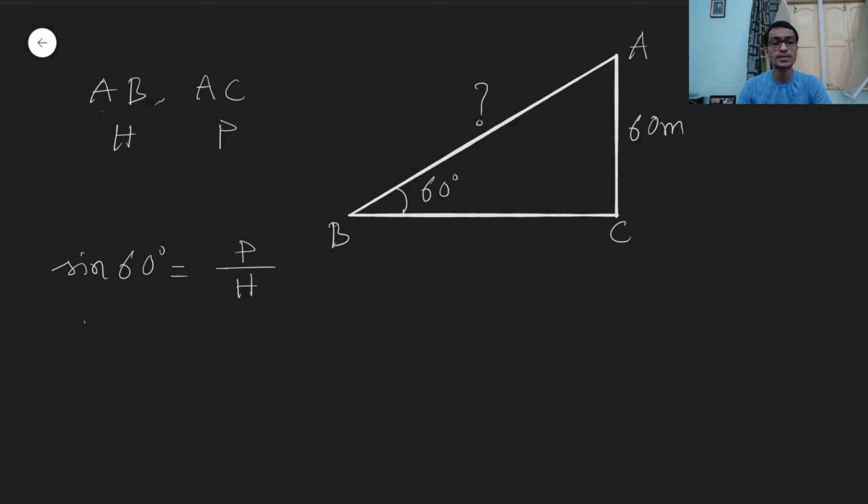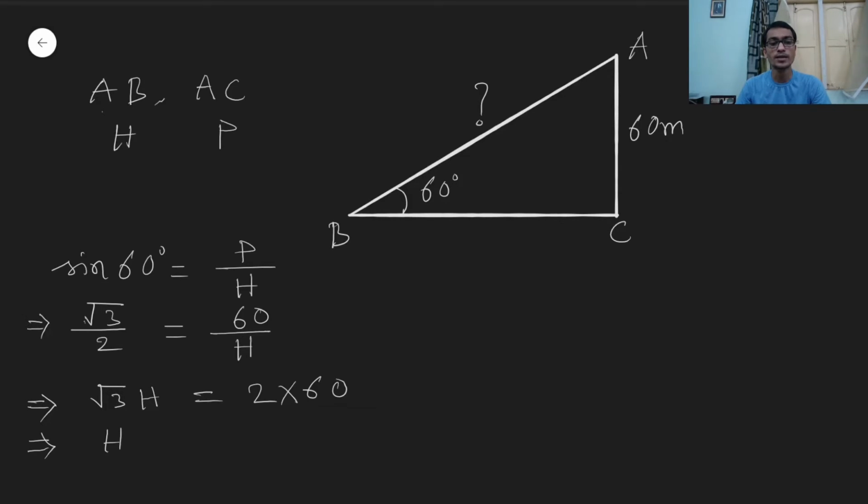The value of sine 60 degrees is root 3 by 2, the value of perpendicular is 60, and h is our question. So it implies root 3 h equals 2 into 60, which implies h equals 2 into 60 divided by root 3.